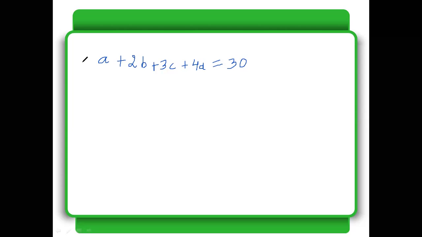So the first thing is I need to encode. The first step before I start application of GAs is to encode my possible solution in the form of a chromosome. Since variables are involved in an equation which can take up any value, I will take real encoding in this case.